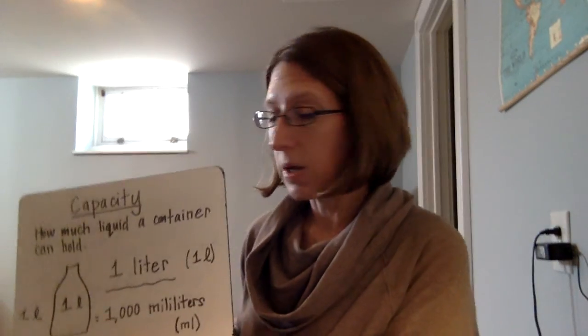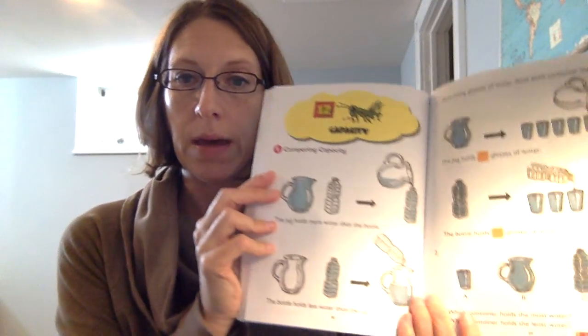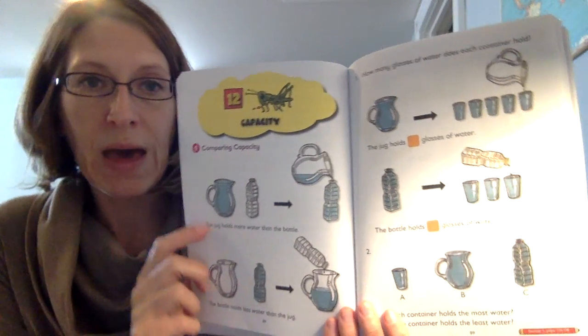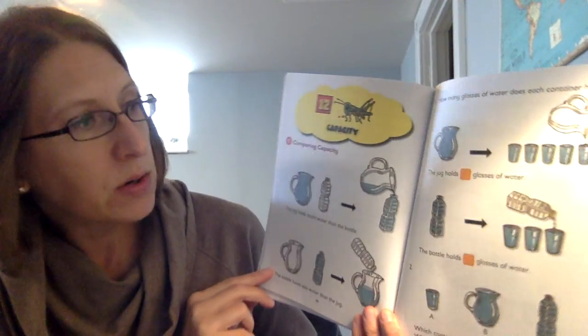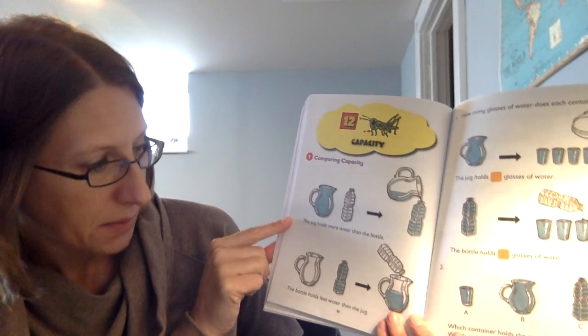So I wanted to show you a few things. In our textbook, there are a few activities for us. This is talking about the capacity of some containers. It says the jug holds more water than the bottle.